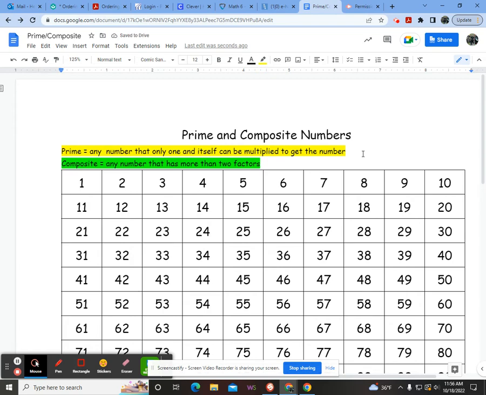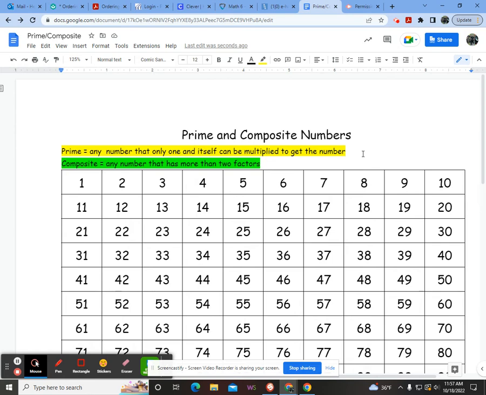So in our chart, in a minute, all of our prime numbers we're going to turn yellow, and all of our composite numbers we're going to turn green. Now at first, we're going to have to go one by one, but eventually we'll see a pattern.